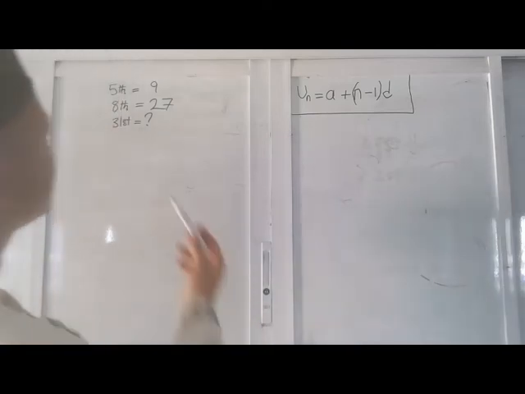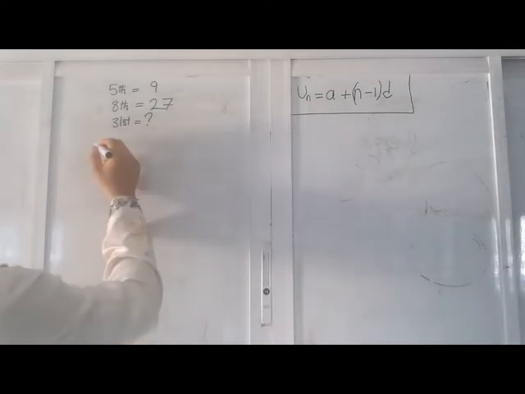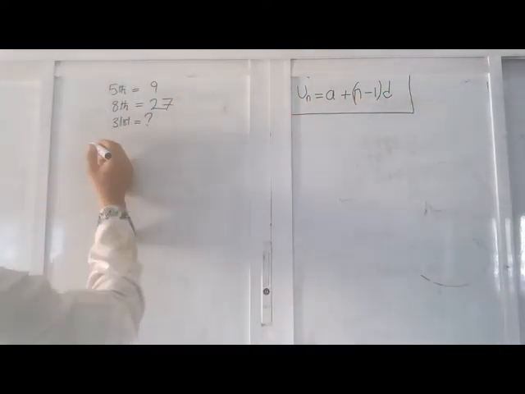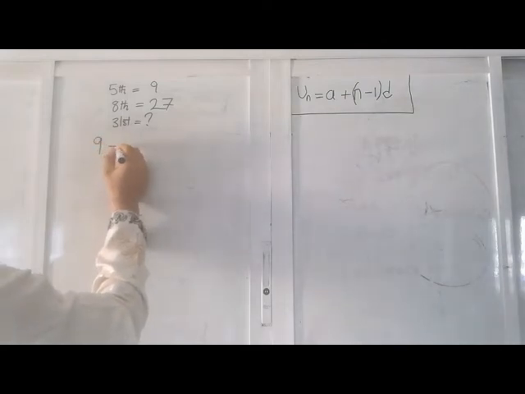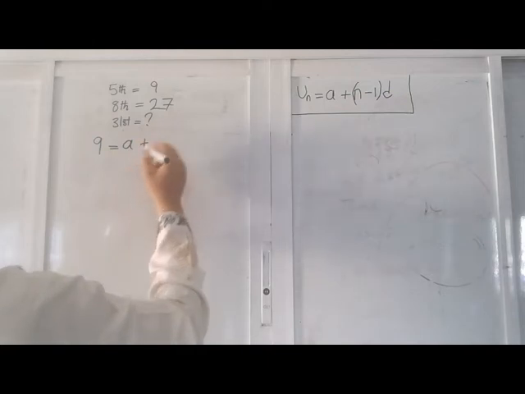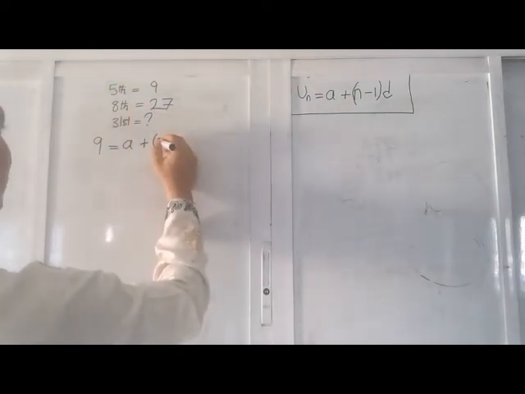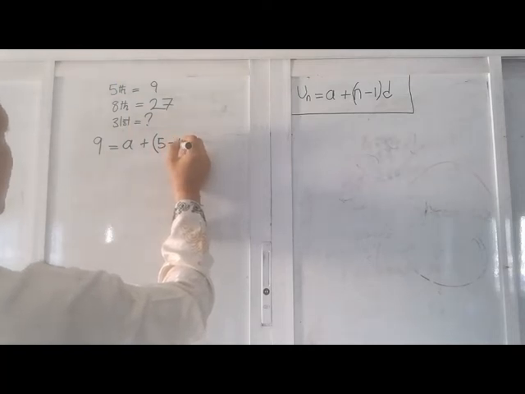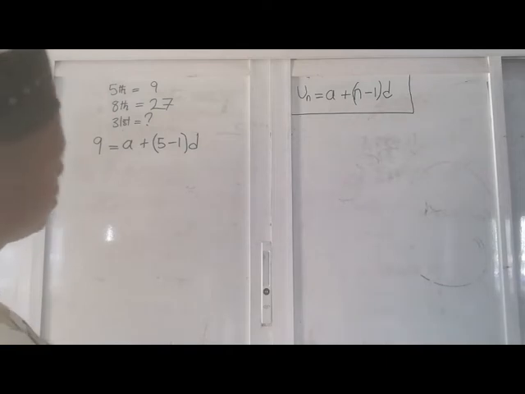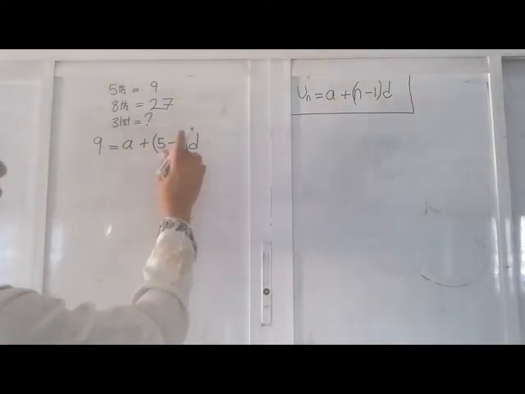Now look at it this way. Let's first of all take the fifth term. It means that the fifth term, which is 9, using this equation, 9 is equal to A, which is unknown for now, plus, when you open your bracket, since it is the fifth term, we have 5 minus 1, bracket close, then D. So, you will agree with me that 5 minus 1 is 4.